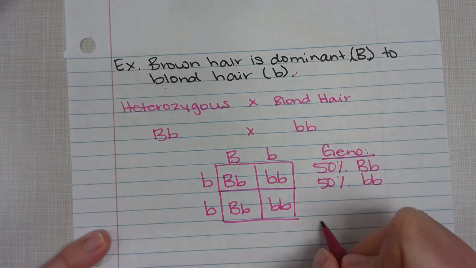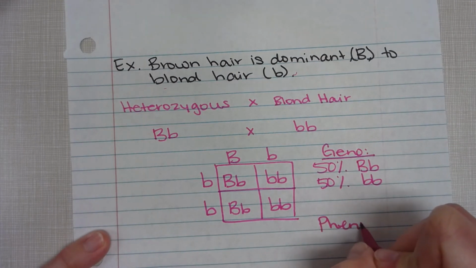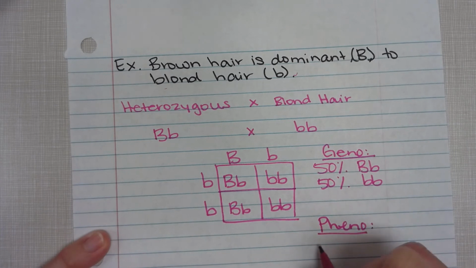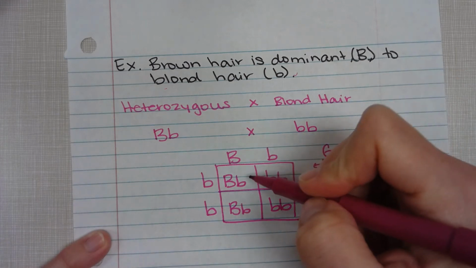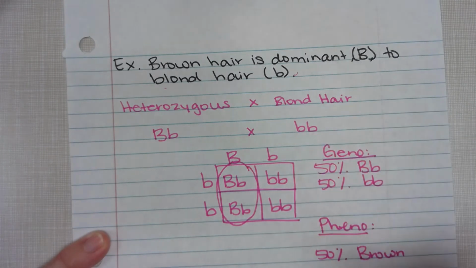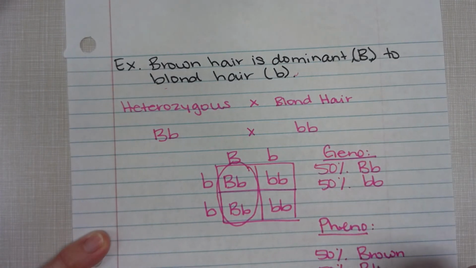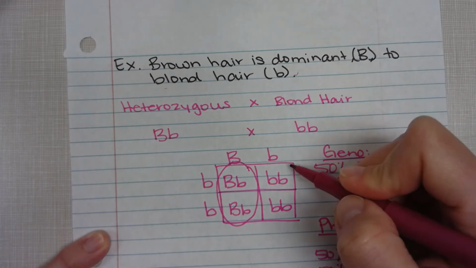Physically, phenotype, you're looking at 50% chance they would have brown hair. From these two right here, show that. And 50% would have blonde hair, represented here.